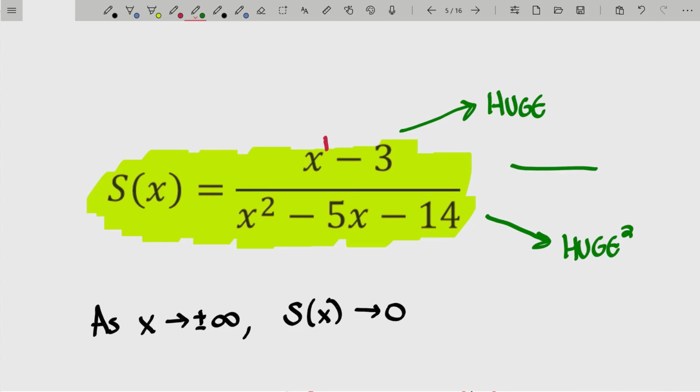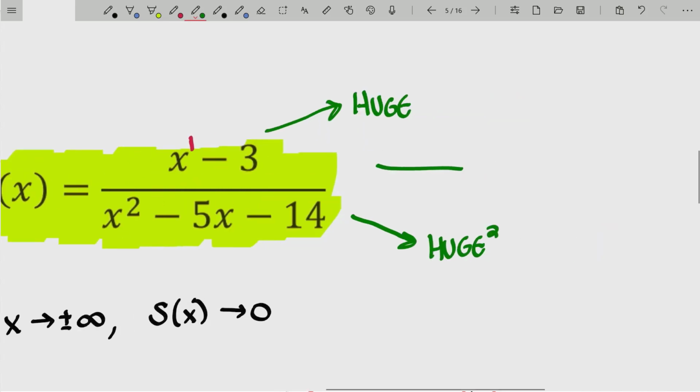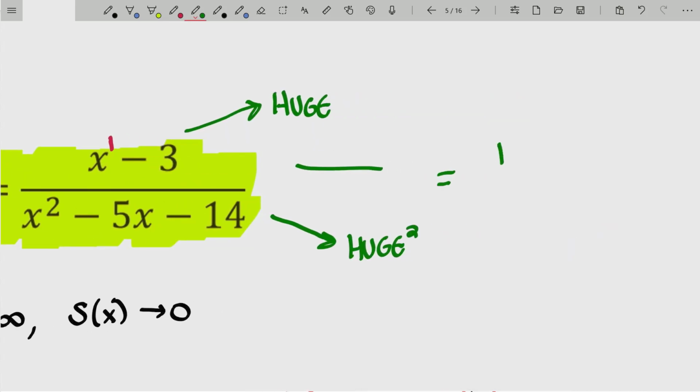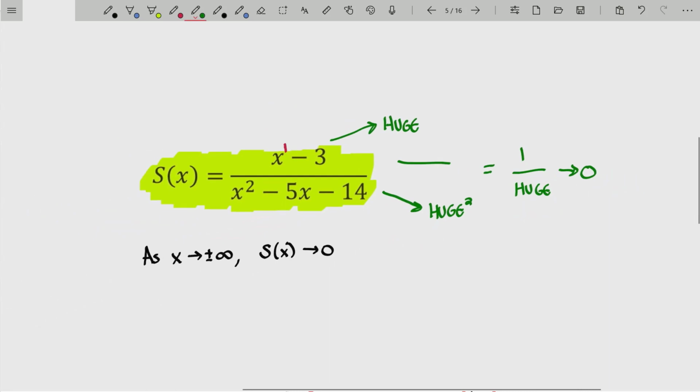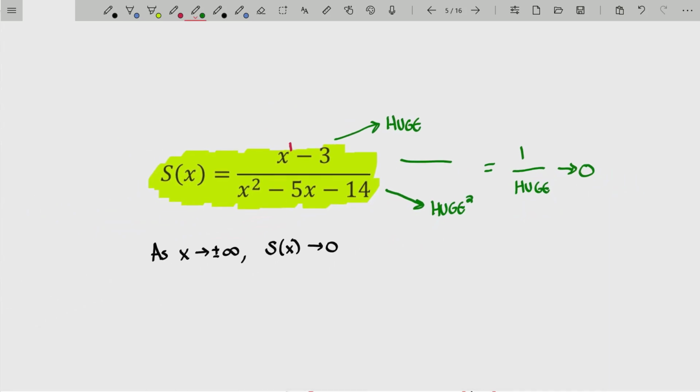If you do the division of huge divided by huge squared, that is going to be 1 over huge. Obviously, I'm simplifying everything there, but you get the idea. And 1 over something massive is essentially 0. So the rule of thumb is, if the numerator has less degree than the denominator, then as x goes to plus or minus infinity, that rational function will tend to 0.